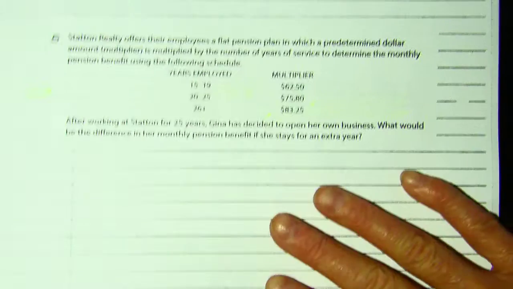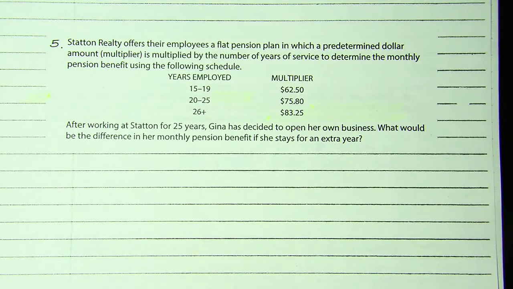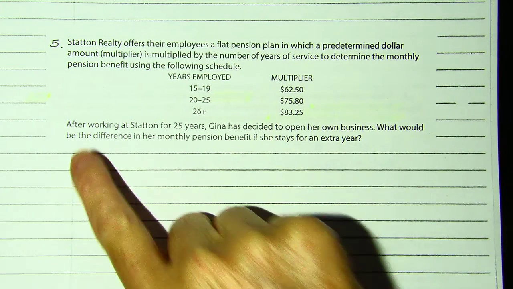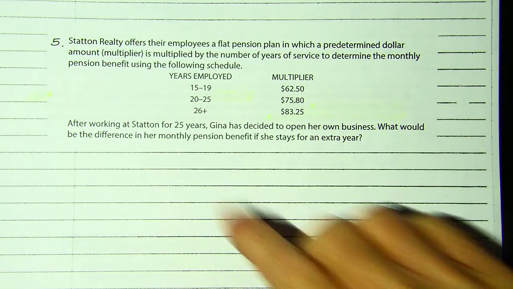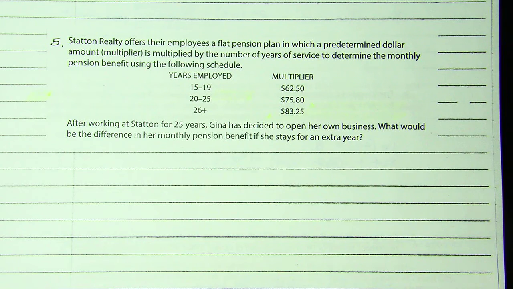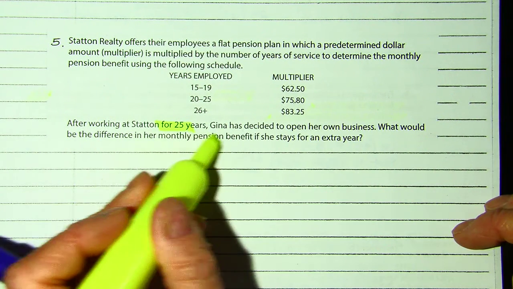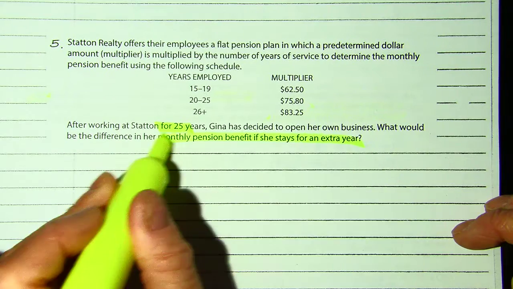Number 5, Staten offers their employees a flat pension plan with a predetermined dollar amount, also known as a multiplier. After working 25 years, she's decided to quit and open her own business. What would be the difference in her monthly pension if she stayed for 1 extra year?